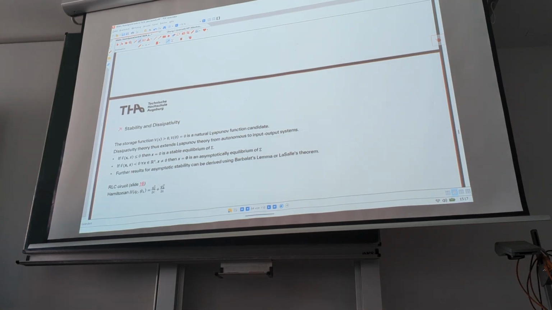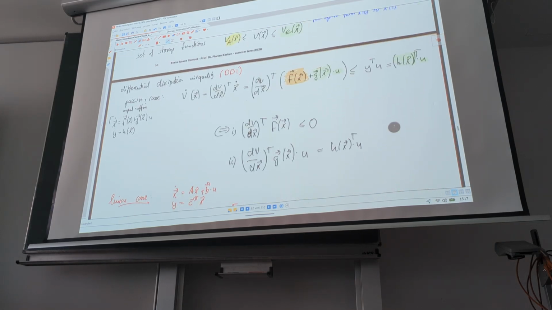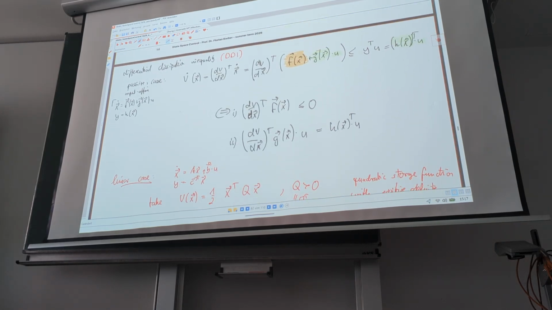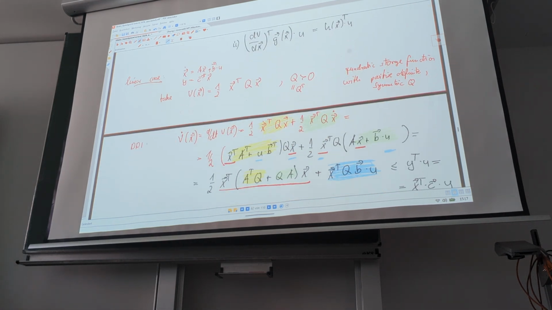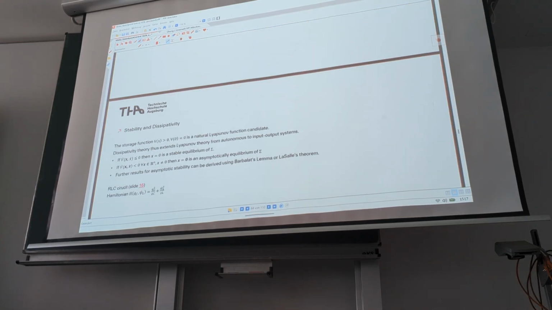It satisfies similar properties because it is positive definite. And if we now check for negative definiteness, this matrix inequality here would be the stability condition, and you can extend that to asymptotic stability.